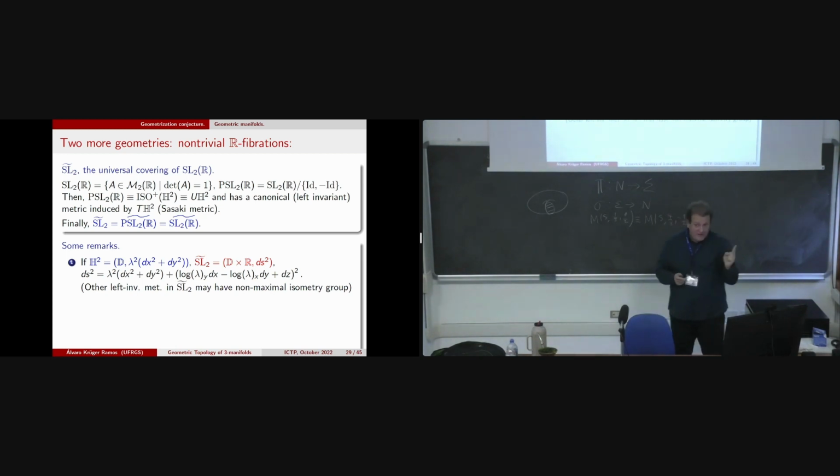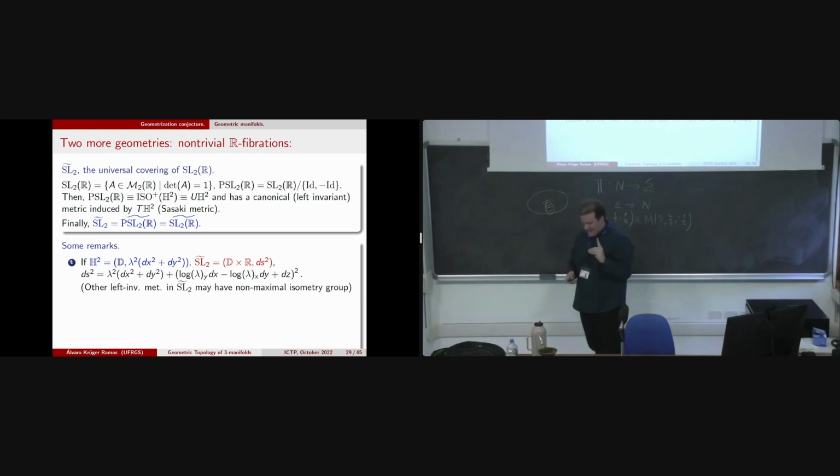And it's very important to notice that it is different from Nil3 in some sense, because in Nil3, any left invariant metric on that manifold would have a maximal isometry group, and they would all be homothetic to each other. In SL2R tilde, it's not the same.